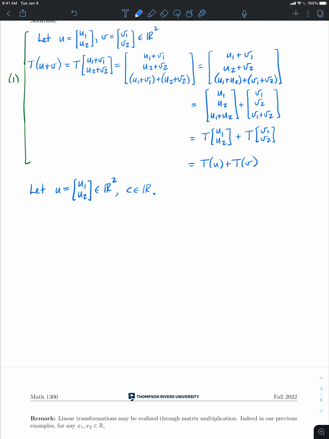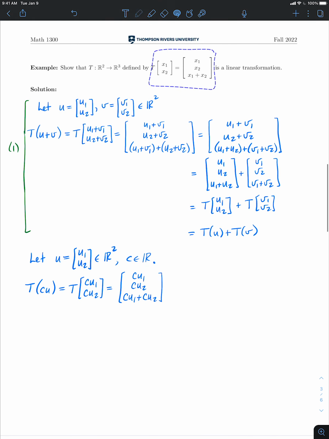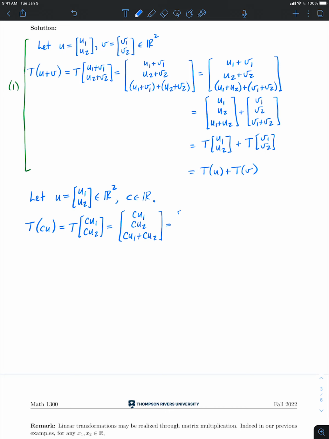Okay, so let's go ahead and start with t of c times the vector u. Well, by definition, if you multiply the vector u by c, you get cu1, cu2. And then when we apply the transformation t, we're going to get cu1, cu2, cu1 plus cu2. Where am I getting that from? The rule that defines the function t. I'm just using that rule exactly. Then the two terms in the third coordinate have a common factor of c.